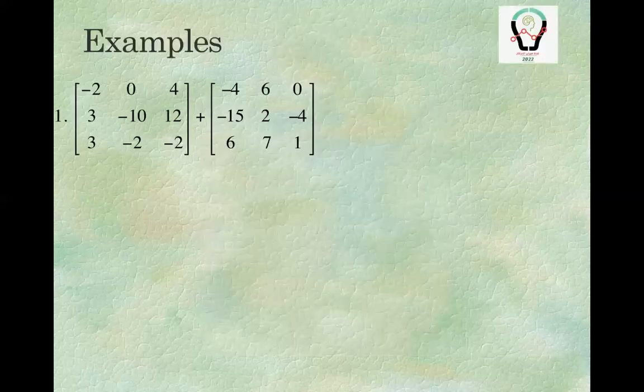Example 1. Here we have an example of adding matrices. First step, we need to check if the dimensions are equal. The first matrix has the dimension of 3 multiplied by 3, by checking the rows and the columns, as well as the second matrix. So in this case, we can add them.